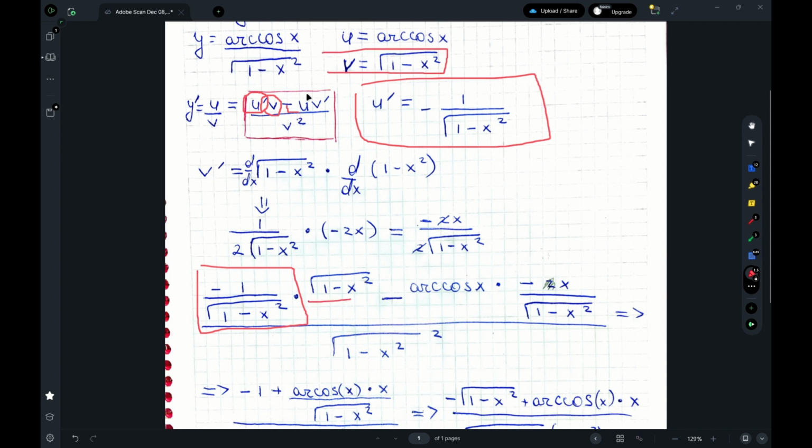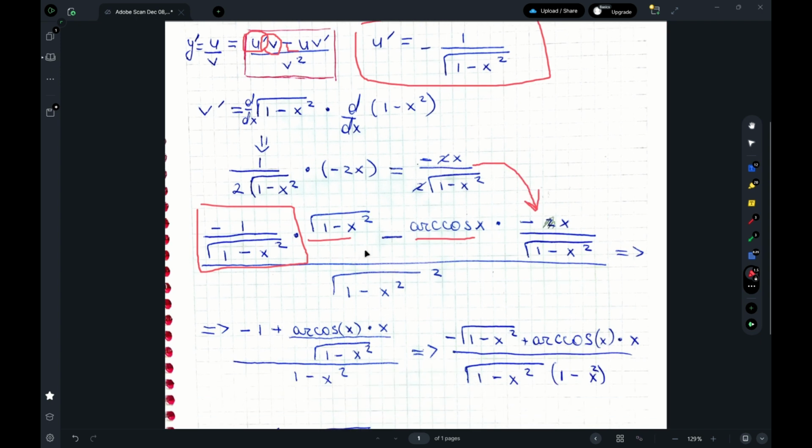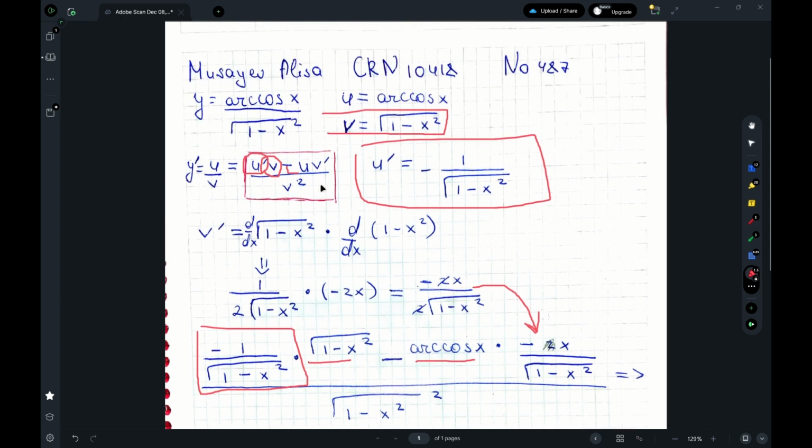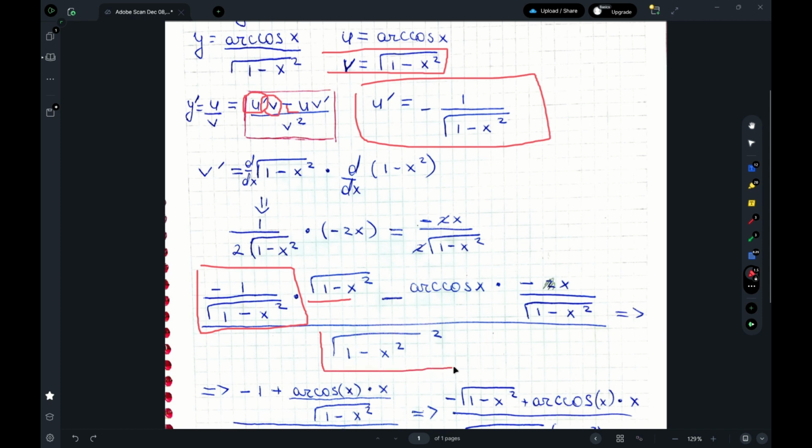Then minus u, which is arc cosinus x, multiplied by the derivative of v, which we found is here, and divide all of this by v squared, which is square root of 1 minus x squared.